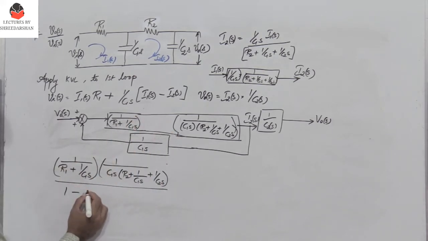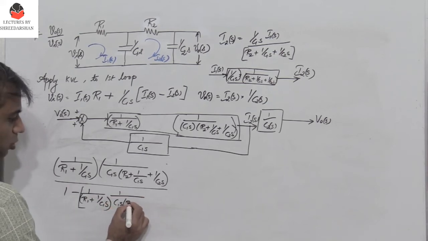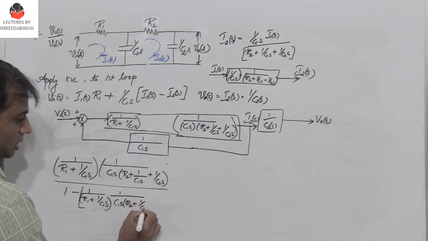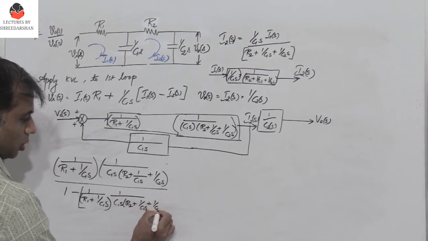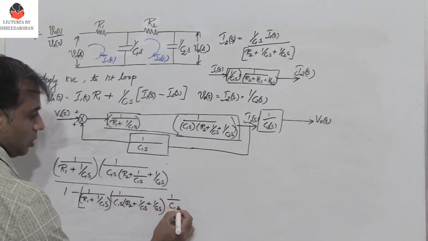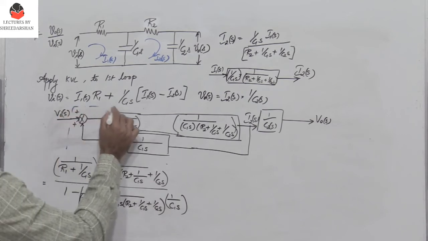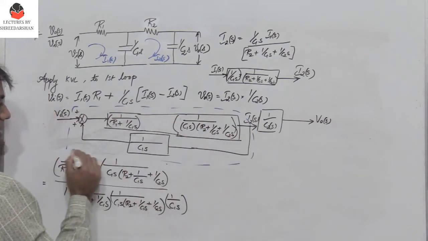So I have 1 divided by R1 plus 1 by C1S into 1 by C1S into R2 plus 1 by C1S plus 1 by C2S. Right? So this into 1 by C1S. So this is the entire feedback path. So this expression, this gets simplified as this.